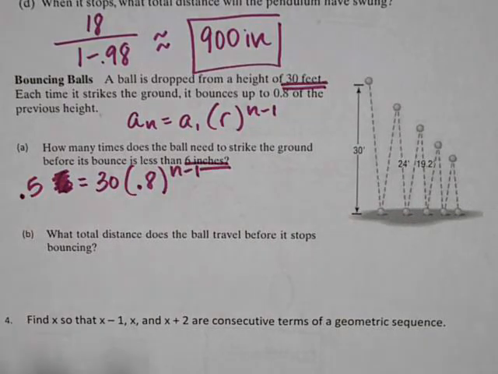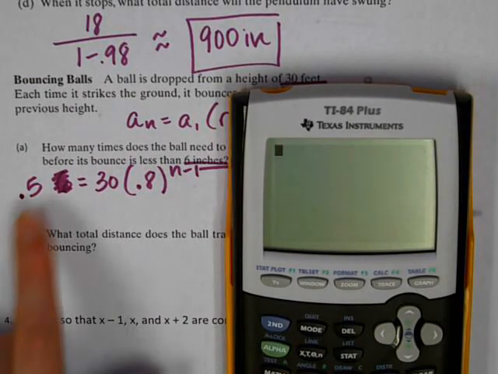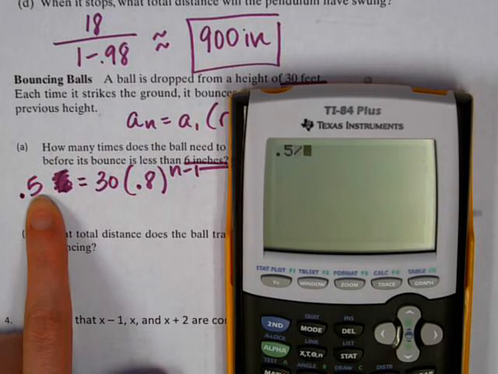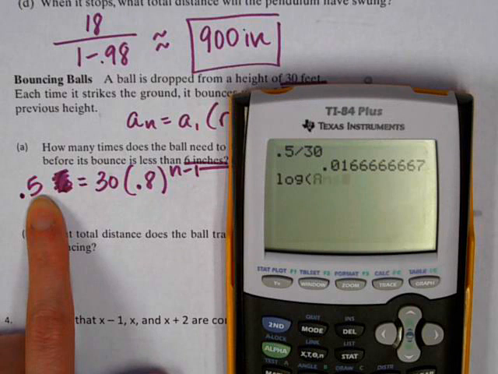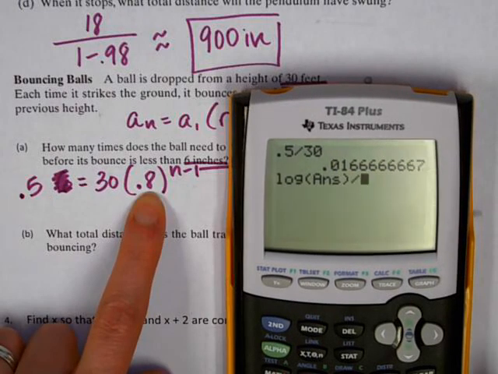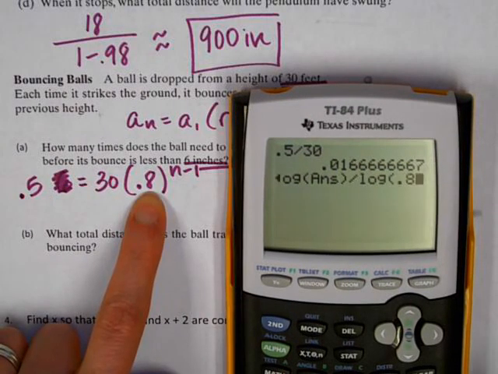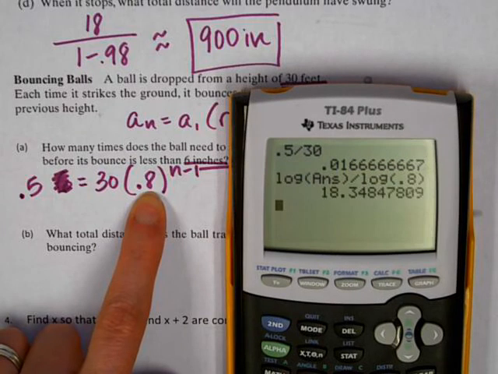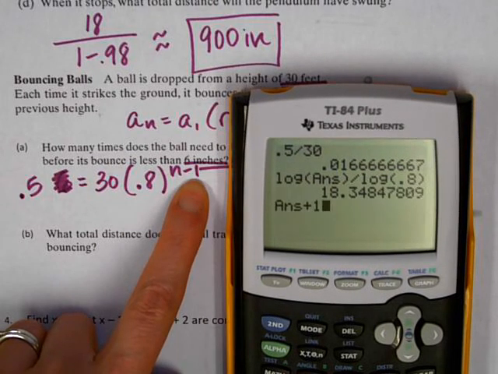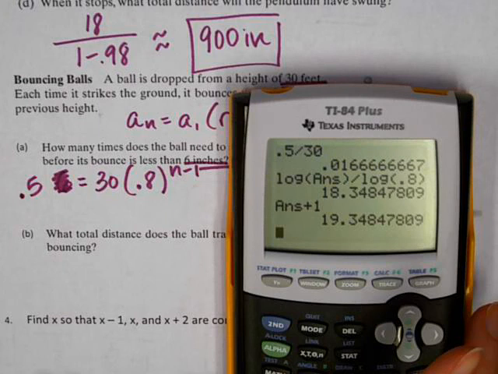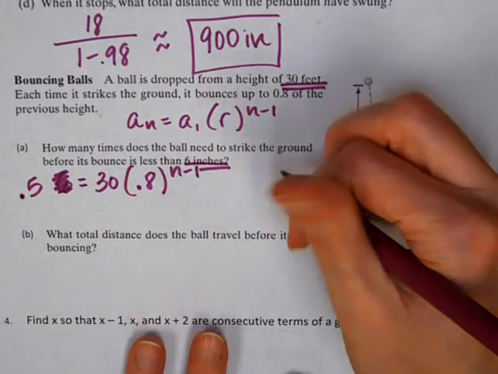All right, redo. So now it's going to be 0.5 divided by 30. And then it's log of that divided by log of 0.8. And then we're going to have to add the 1 over. Just like last time, I got about 19.3.